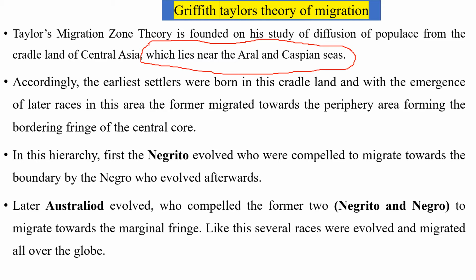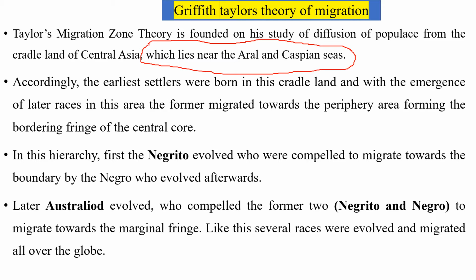You should know the accurate location of the Caspian Sea, in the northern part of Europe. You can identify the location of the Caspian Sea. Around this Caspian Sea, the first man evolved, and after that he started to migrate from this land.